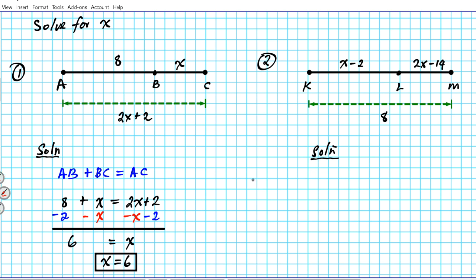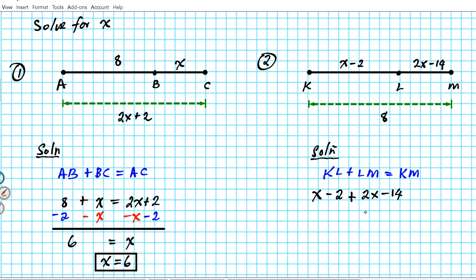Let's go ahead and apply the segment addition postulate to this scenario. It's going to be KL plus LM is equal to the entire segment, which is KM. Now we're going to substitute. KL is the quantity x minus 2, plus LM is the quantity 2x minus 14.